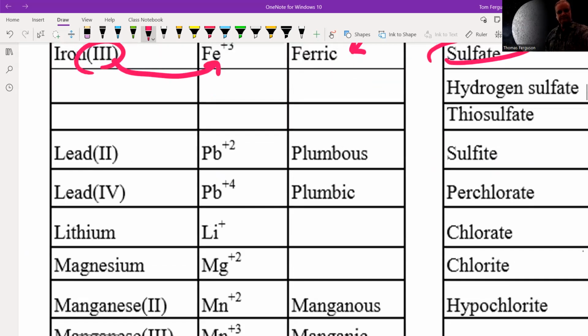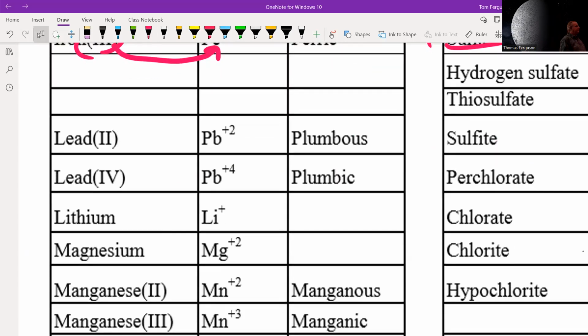Lead. Lead(II), that means it's Pb plus 2, or plumbous. Now the ous and the ic are related. The ous is always less than the ic. So if the ic is 3, the ous is going to be something smaller than that.